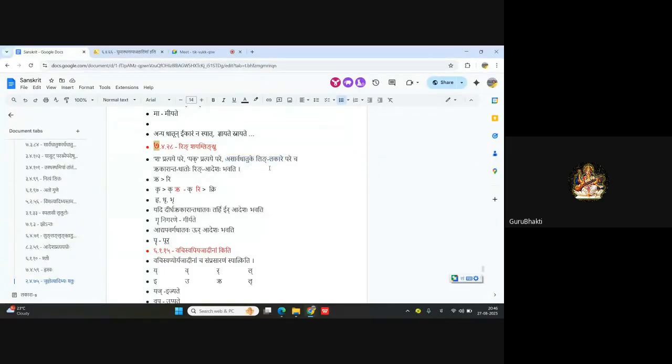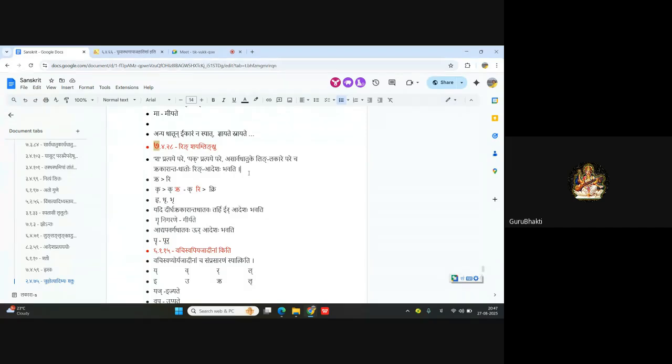What are the sarvadhatuka lakaras? Lat, lot, lan, vidhiling. So vidhiling is a sarvadhatuka lakara. Here it says asarvadhatuke ling lakare pare cha. So in some places, ling lakara gets sarvadhatuka sanjna, and in some places ling lakara gets ardhadhatuka sanjna.